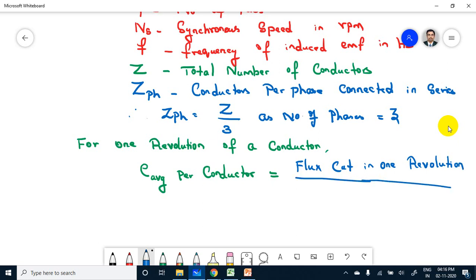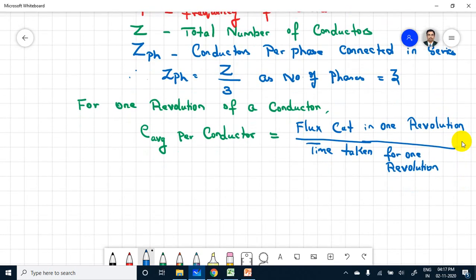And you have to calculate for every time. So the time taken for one revolution.